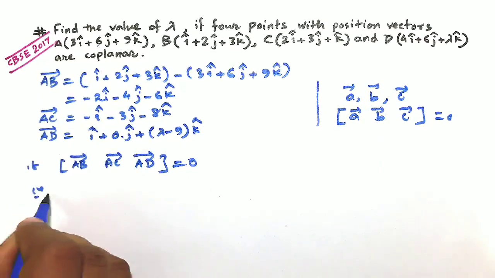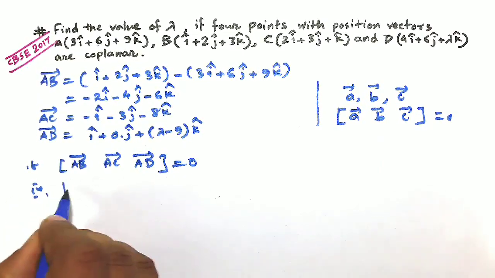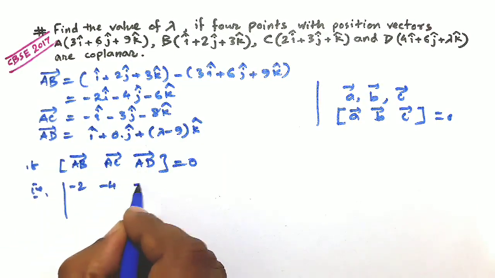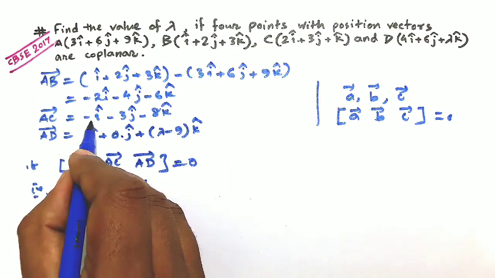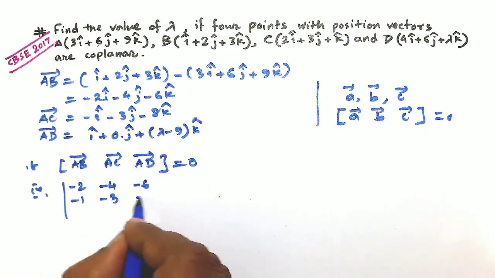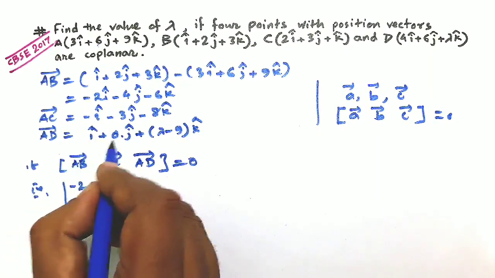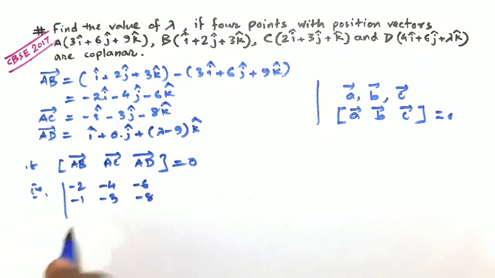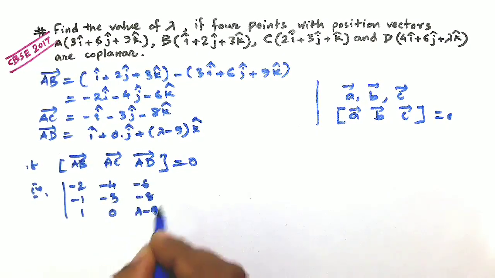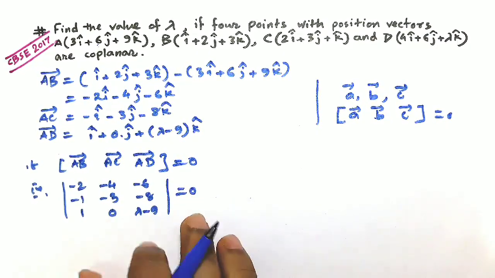That is, the determinant of minus 2, minus 4, minus 6; next minus 1, minus 3, minus 8; and finally 1, 0, lambda minus 9, is equal to 0.